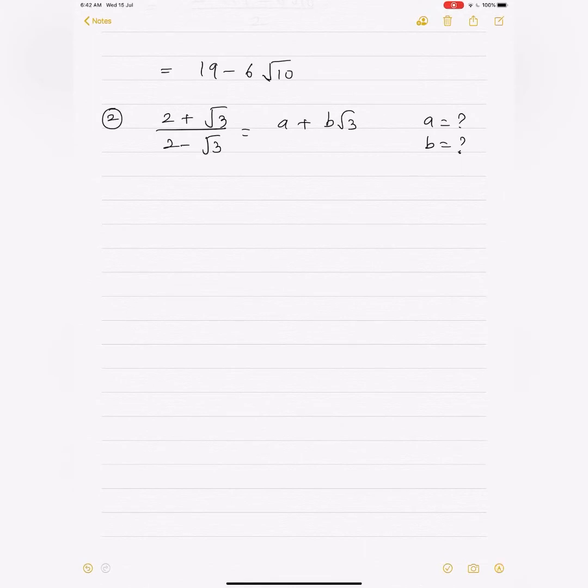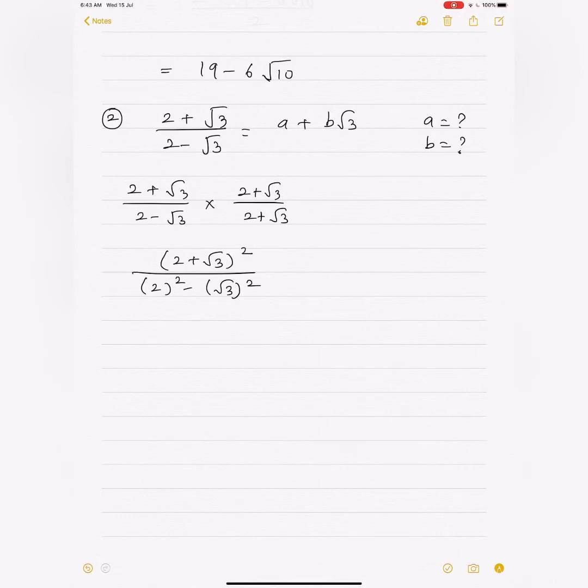So now what I'll do again is rationalize this. 2 plus root 3 upon 2 minus root 3, multiply with 2 plus root 3 upon 2 plus root 3, sorry, this will also be plus. So what will this become now? 2 squared minus root 3 squared, and in the numerator 2 plus root 3 the whole square.